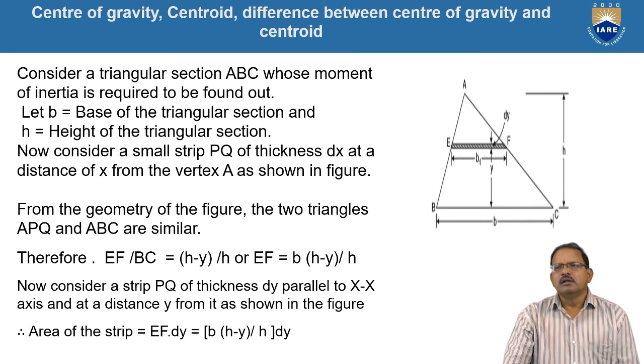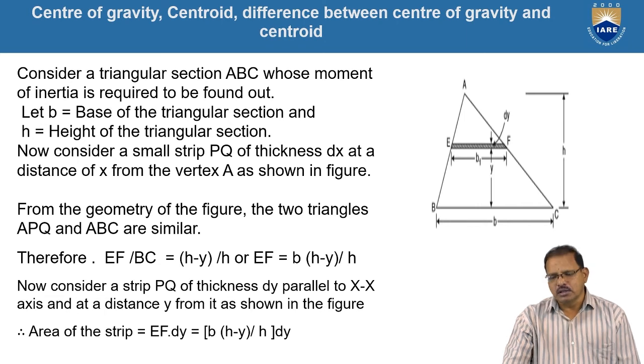The area of the strip is given by EF into dy, where dy is representing the thickness of the element, which is equal to B into h minus y divided by h into dy.